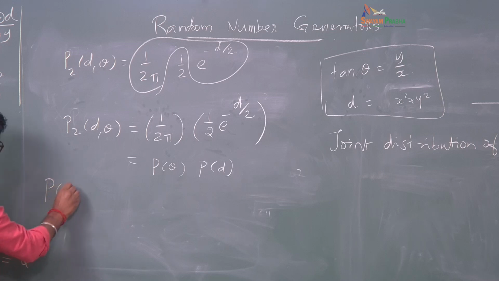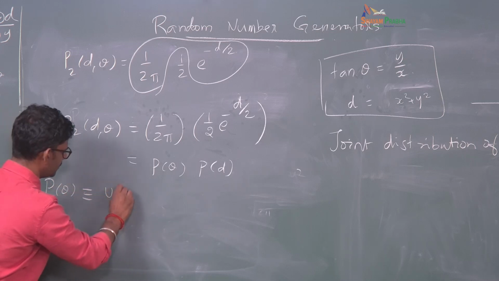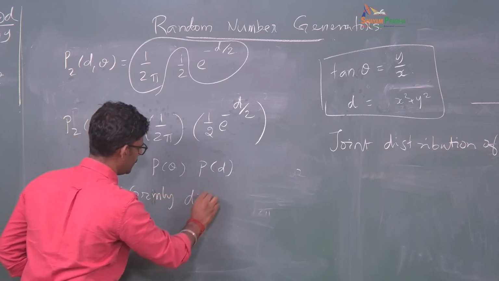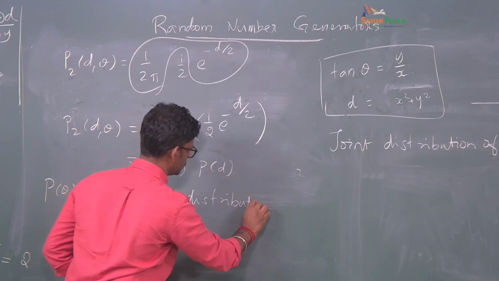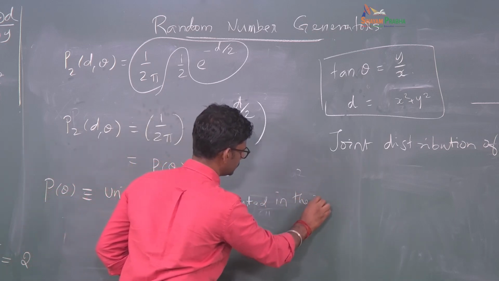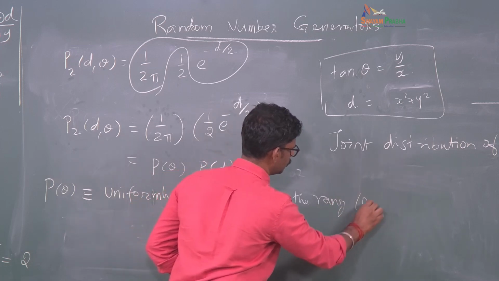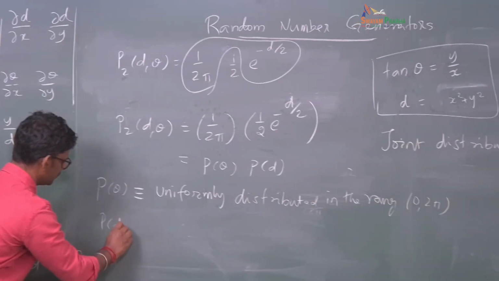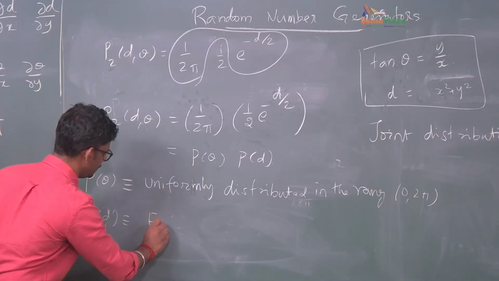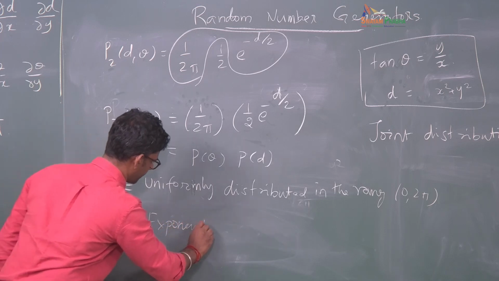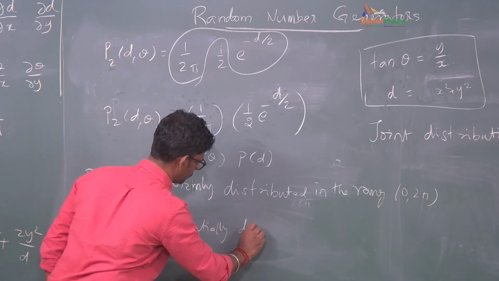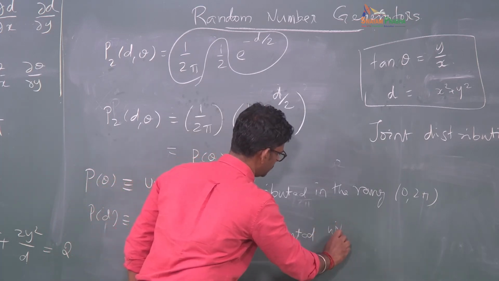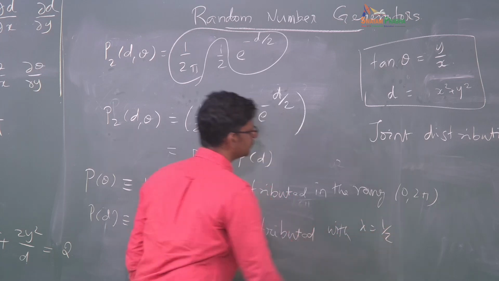P of theta is uniformly distributed in the range 0 to 2 pi. P of d is exponentially distributed with parameter lambda, which is 1 by 2.